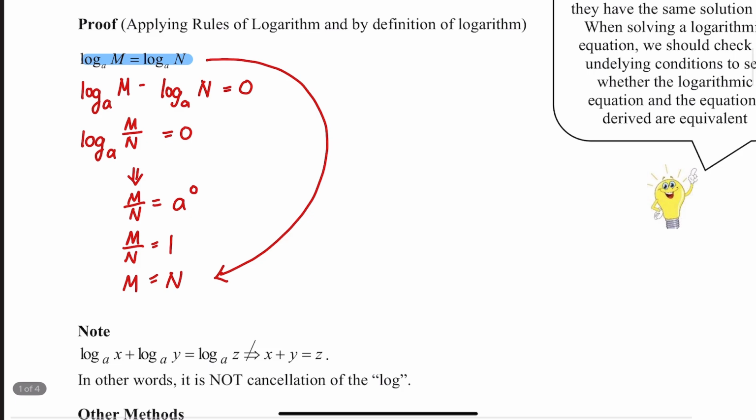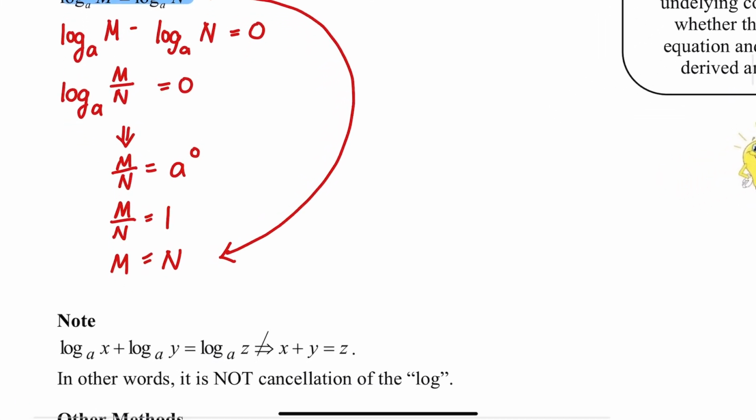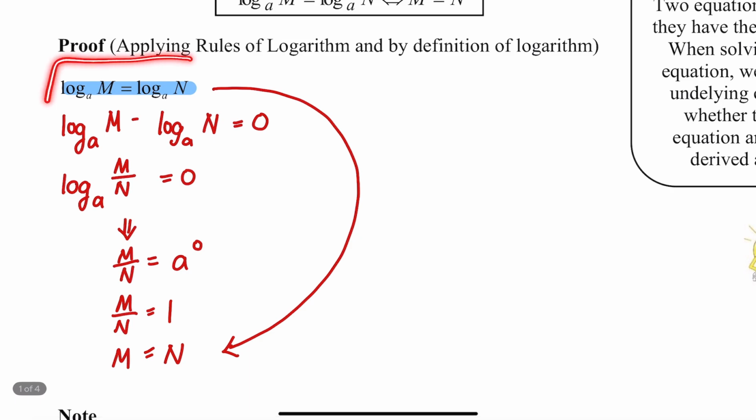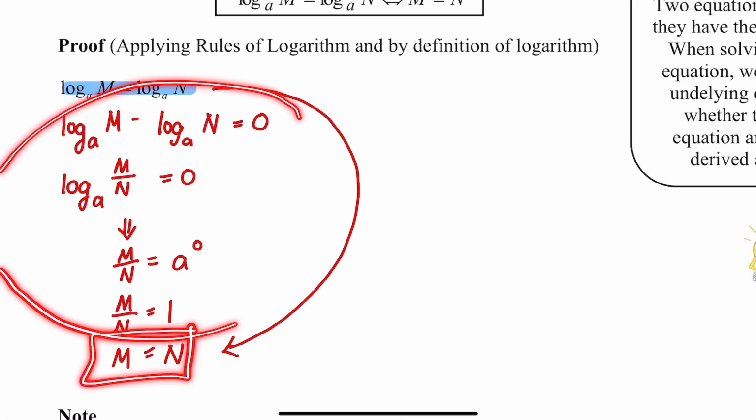Now one important note here, take note: when I have a logarithmic equation like this, it doesn't mean I'm cancelling out the log. The understanding of why we can get m is equal to n is based on this entire proof over here.